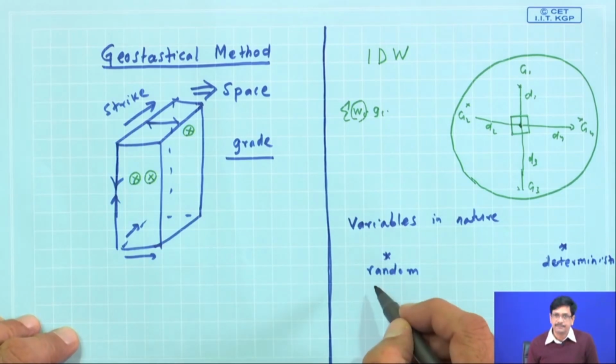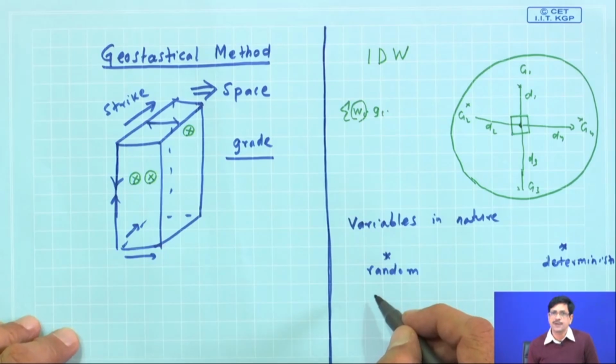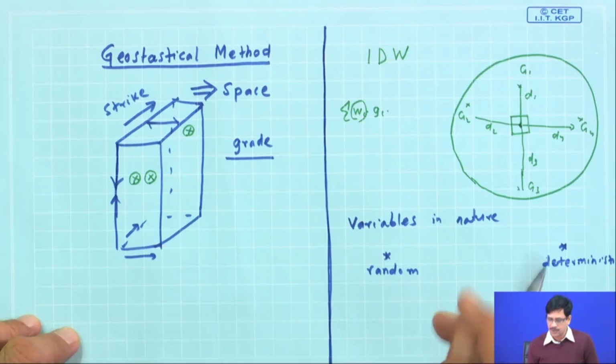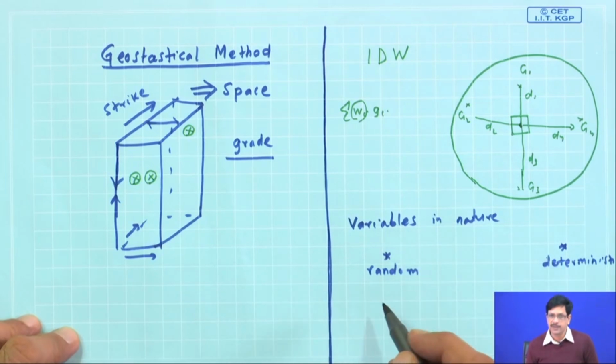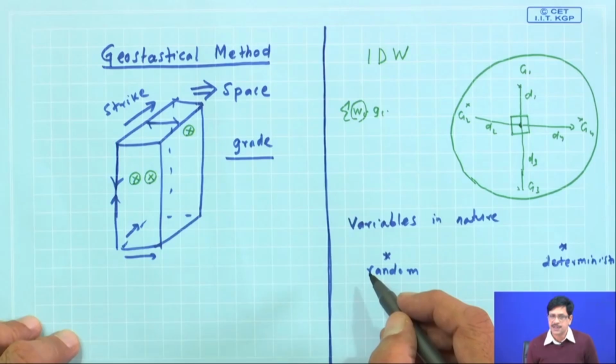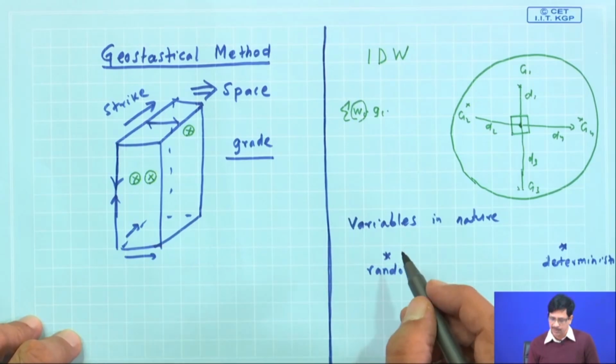In case of random, any two successive observations, either in time very closely spaced or in space infinitesimally closely spaced, or even any space interval, are not dependent on each other. They are just independent of each other and we treat them as random variables.